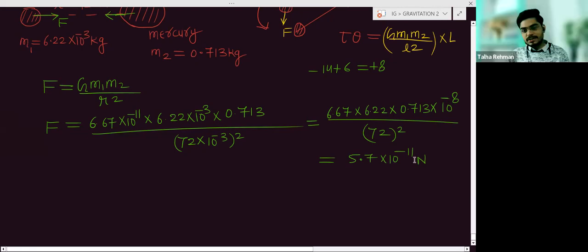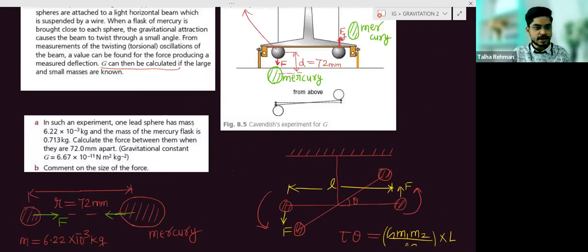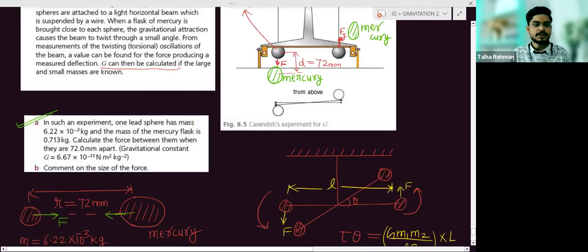So now you can see this is a very small force, a negligible force. So we have completed the first part, the A part. We have calculated the force between them.